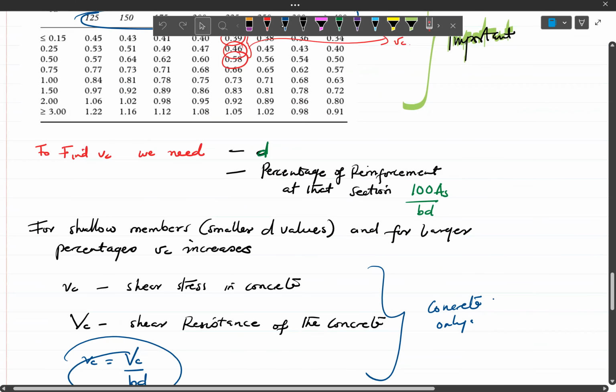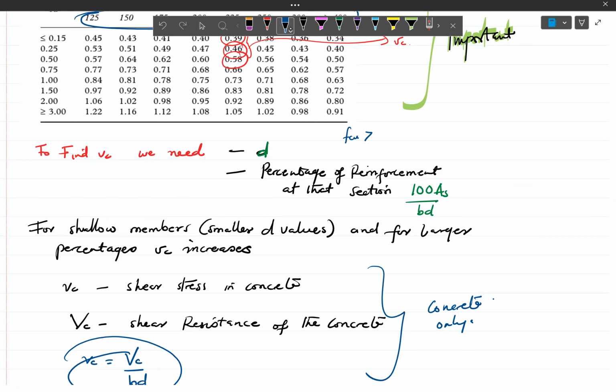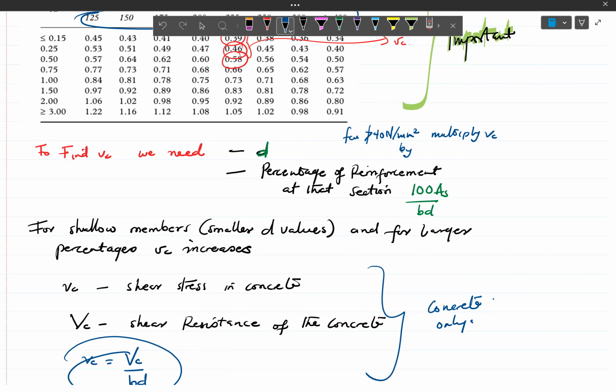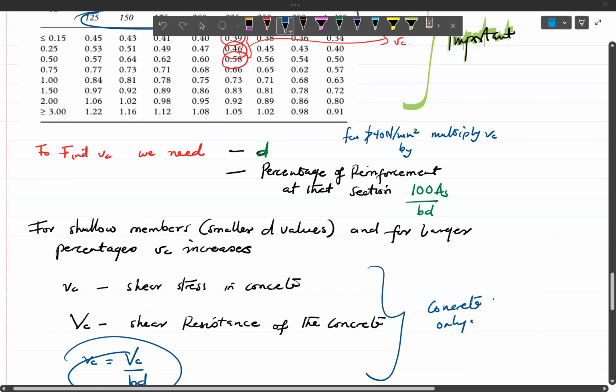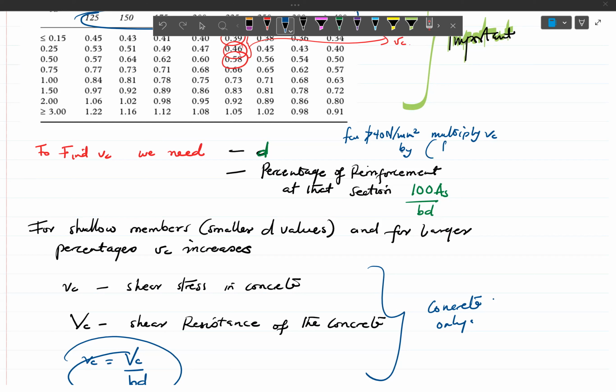The code stipulates that for other values of FCU not exceeding 40 newtons per millimeter squared, multiply VC by the FCU that you have divided by 25, exponent 1/3.